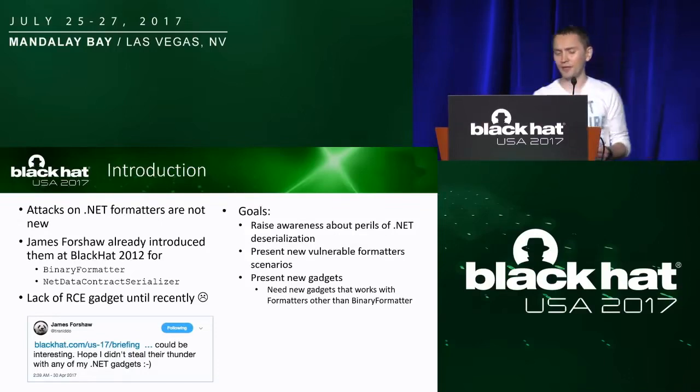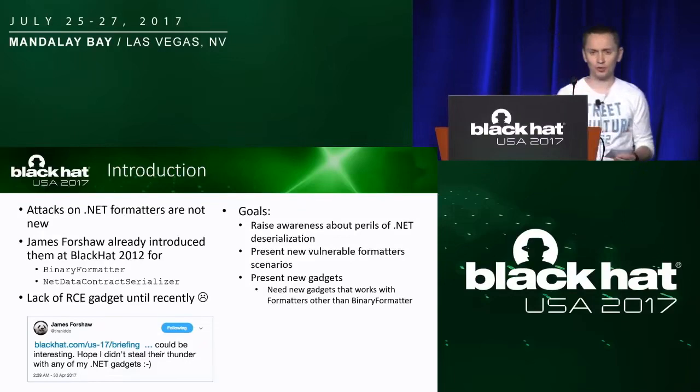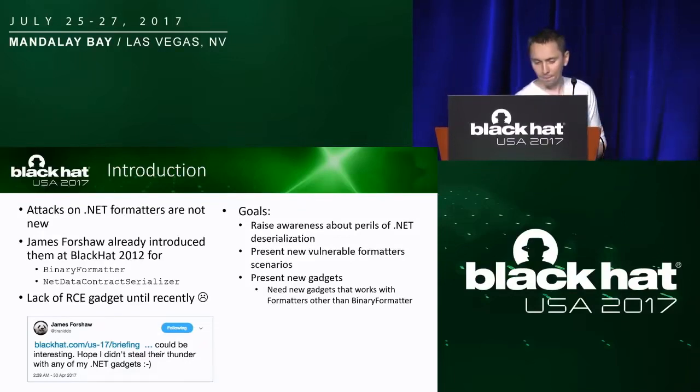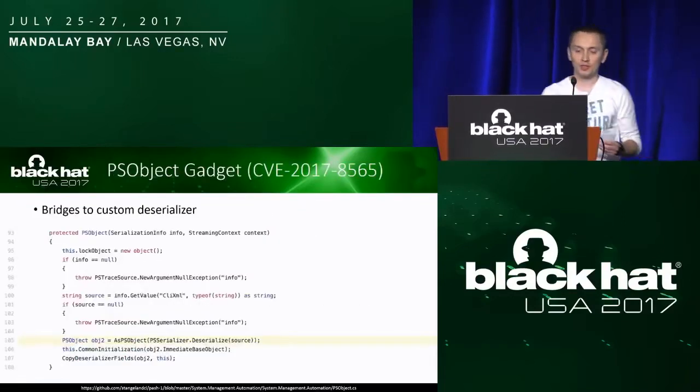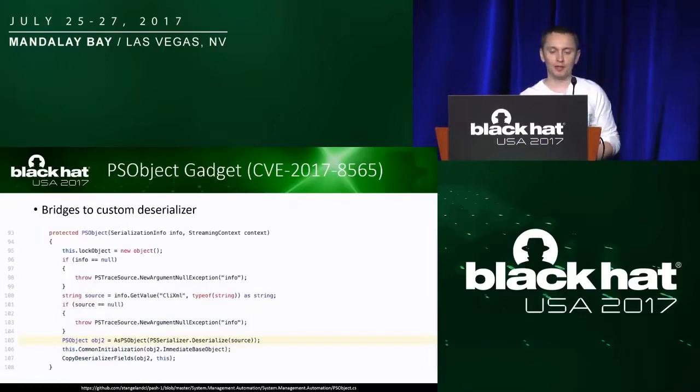Anyway, you can find details about this gadget in his post on the Google Project Zero blog. Here we will focus on our own. We will use the PSObject type. This type is from PowerShell libraries, so it is available on almost all Windows machines.